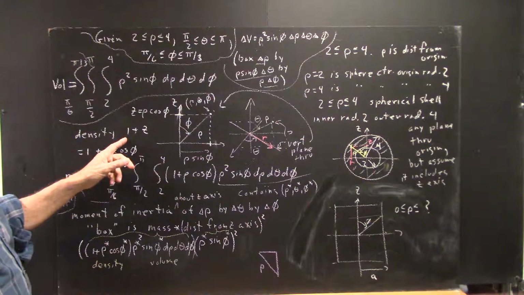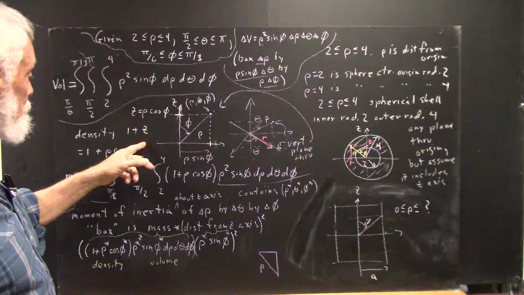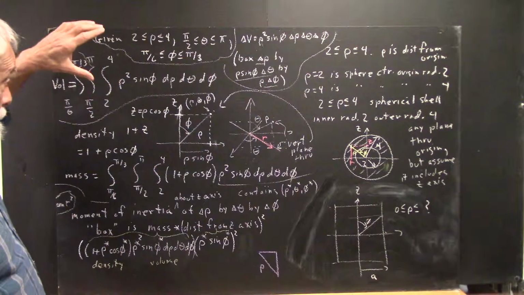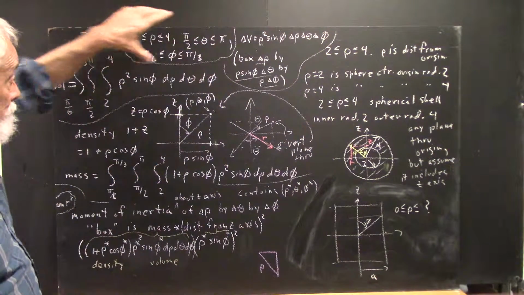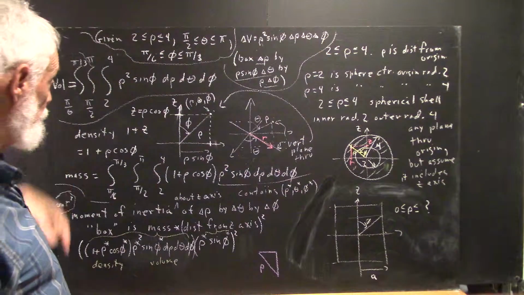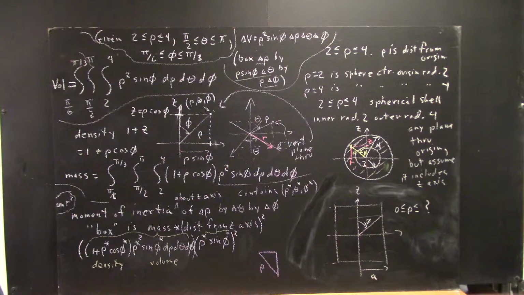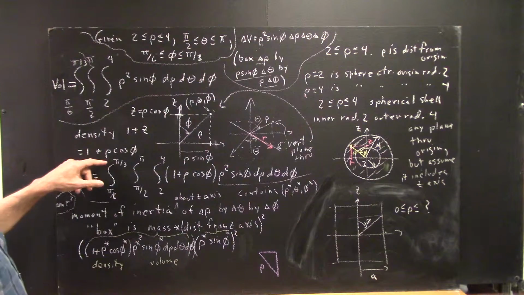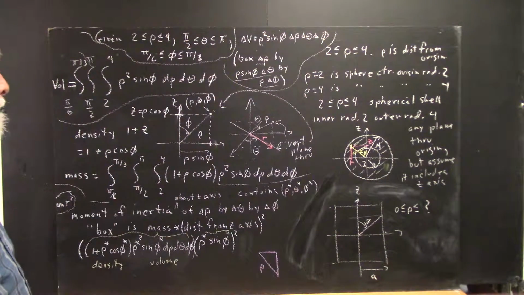So if the density is 1 plus z, that's not going to do us any good with this description of the region. But if we express it as 1 plus rho cosine phi, it is.